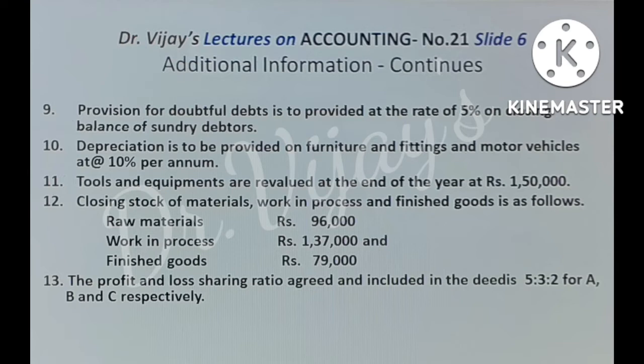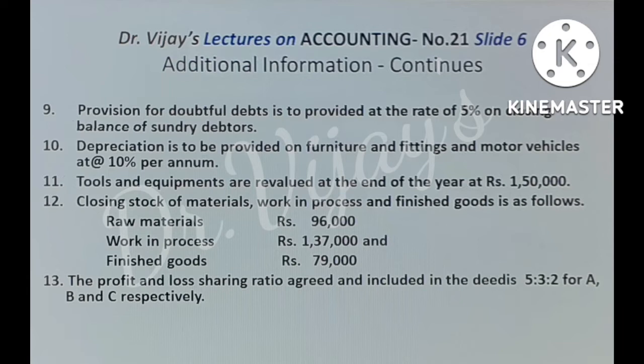Because out of that 12,000, 6,000 is good debt, sure to be realizable, and the other 6,000 has become bad, which you transfer to the bad debts account. Therefore, for calculating the 5% provision for doubtful debts, it is sundry debtors minus 12,000.